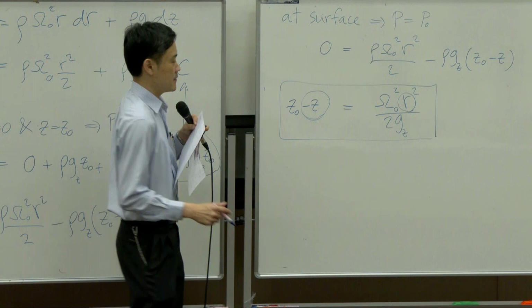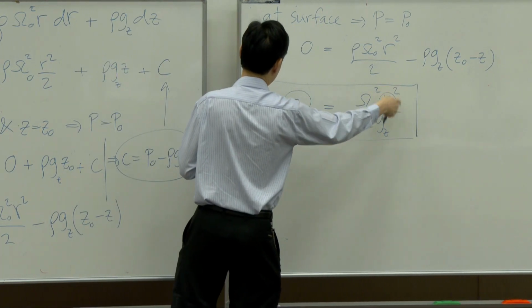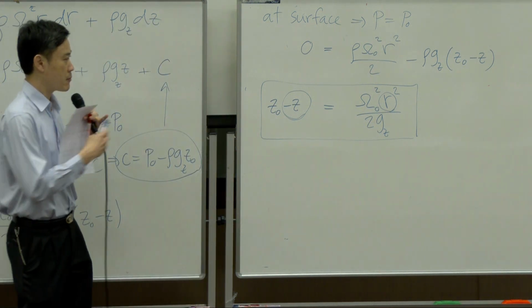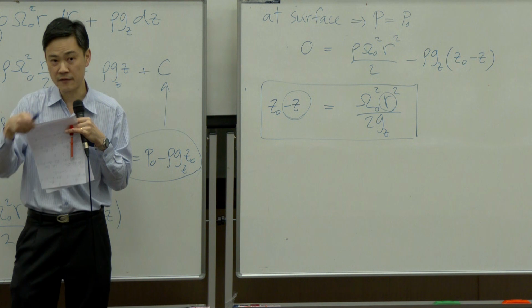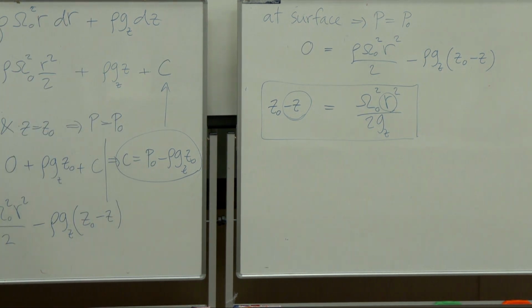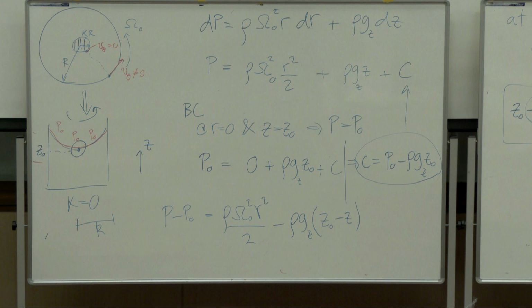Okay? The higher the angular velocity, the more parabolic this curve will become. So this is a profile of the surface of the liquid. Okay, any question?